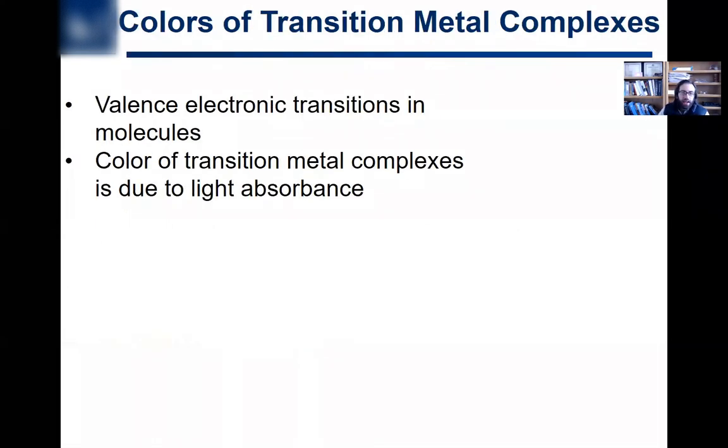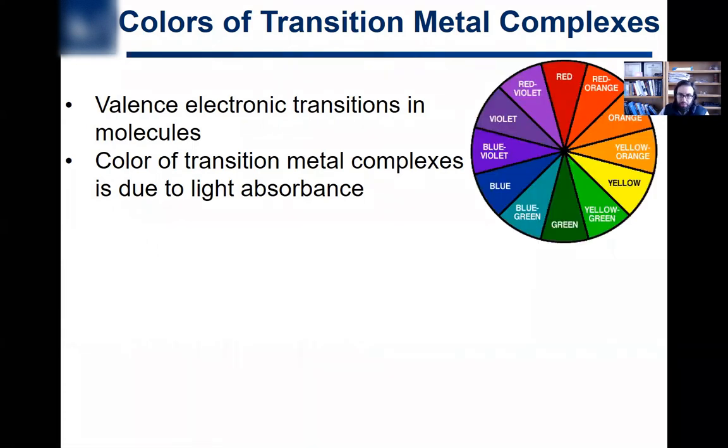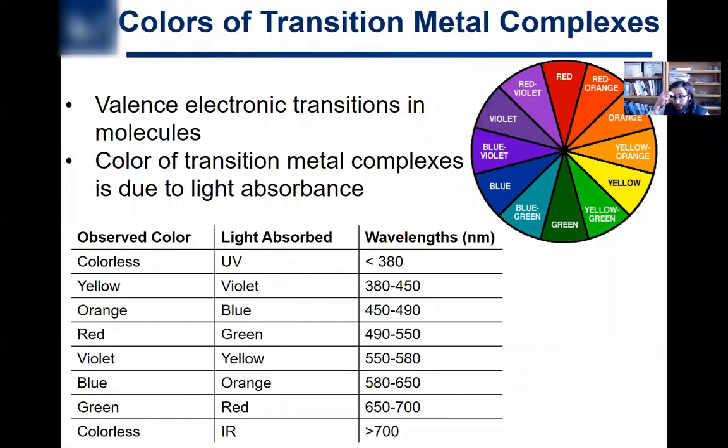Okay. So talking about colors, we're talking about the valence electronic transitions in molecules. It's due to absorption. You've got to know your art. You've got to know your color wheel, right? You may know that things opposite on the color wheel are called complementary colors. This is a very simple way: if you have one peak in a UV-vis spectrum, you can predict what its color is. So if you're absorbing some violet light, your compound is going to be yellow.